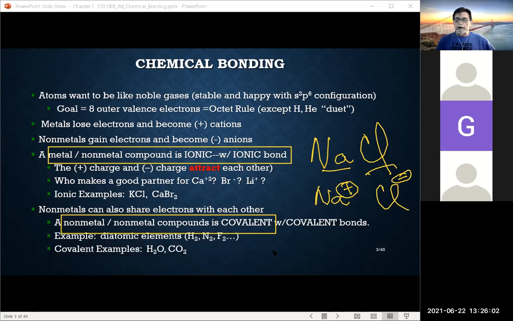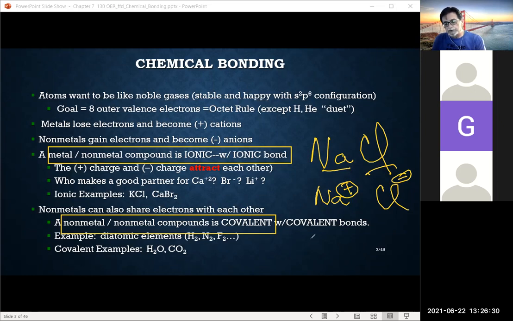Things like H2O, hydrogen and oxygen, and carbon dioxide, CO2. Carbon and oxygen are both nonmetals, right? Hydrogen and oxygen are both nonmetals. Those are examples of covalent compounds. And what do I mean by sharing? Well, let me draw the structure of water, for example.